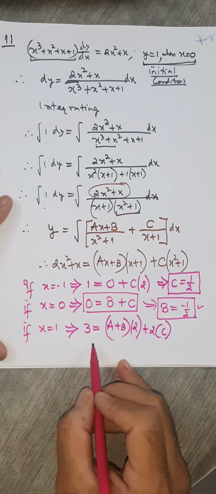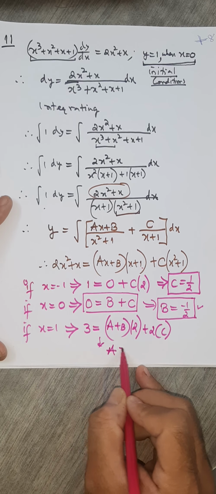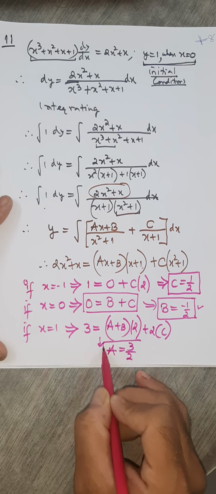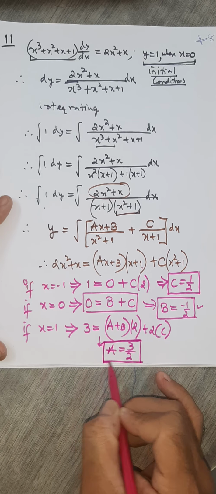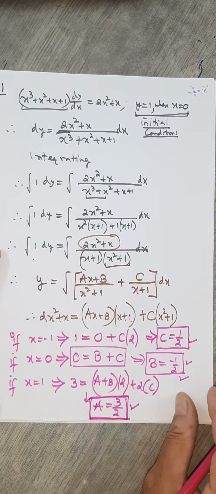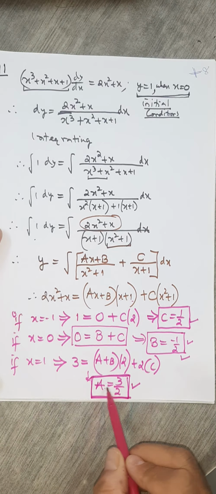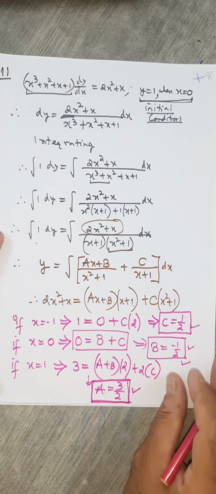C and b both are known to you. Put them here, so we'll get a, and you will see that a is 3 by 2. Right? Just simplify. a is 3 by 2, b is minus 1 by 2, and c is 1 by 2. So we just put these values of a, b and c over here.